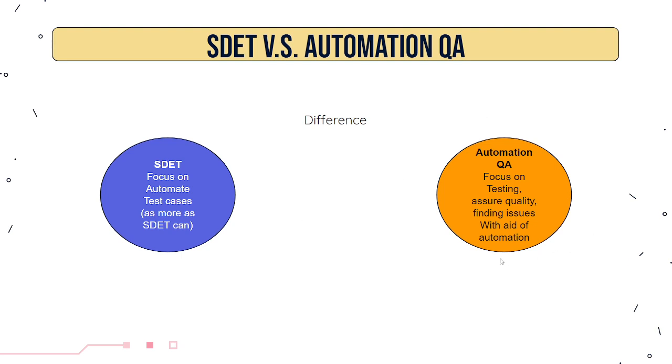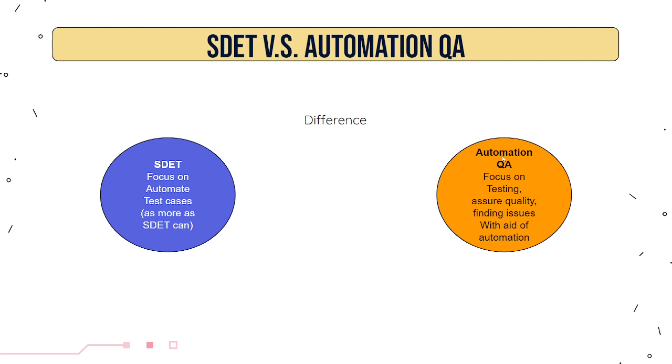Automation QA's focus is not to bring all the test cases into automation. No, it's focusing on testing, because the identity of the automation QA is still a QA. So the main job he or she needs to do is to assure the quality of the product and find the issues of the product.